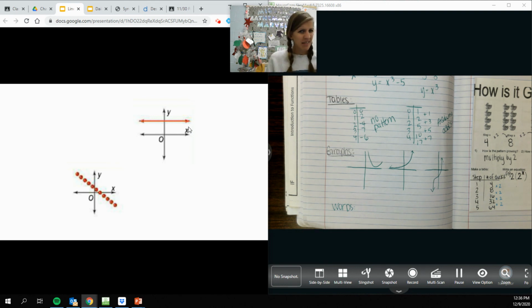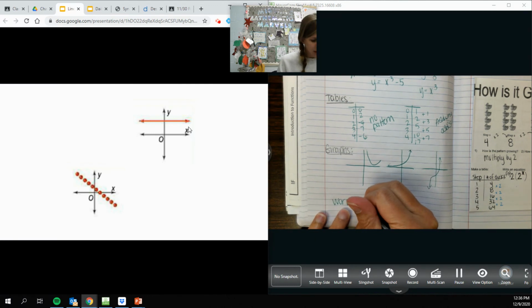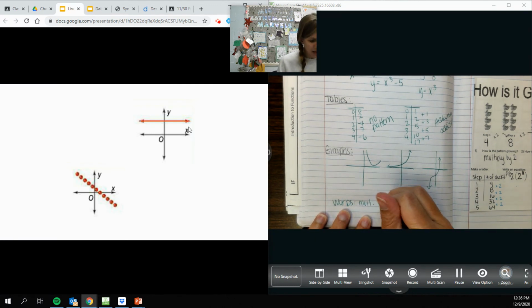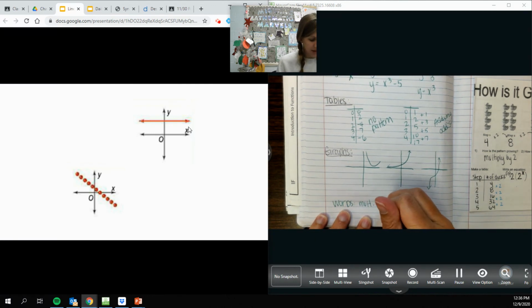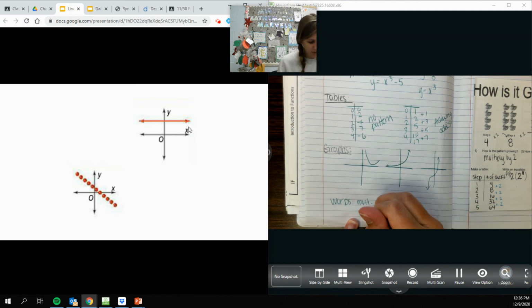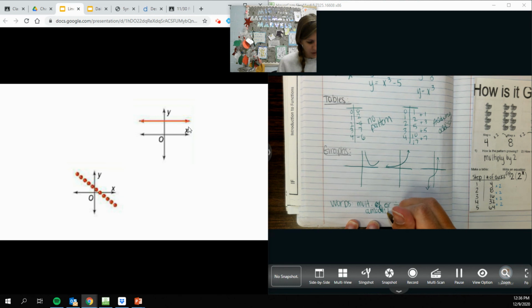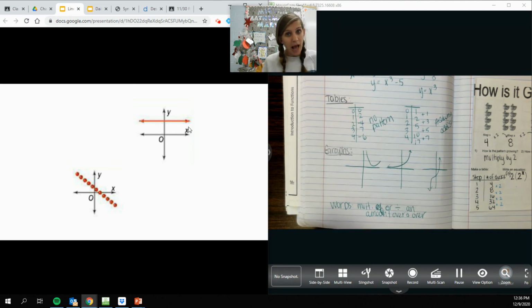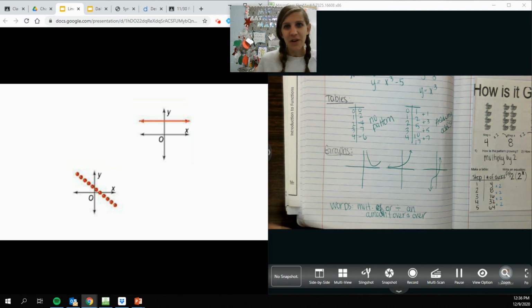That's probably the best examples that we see in words. So multiply or divide an amount over and over. That's a prime example of not linear. So hopefully this helps with your homework, and let me know if you have any questions.